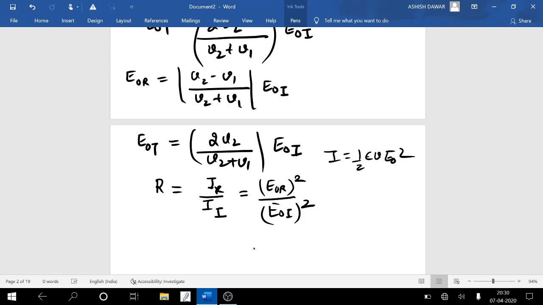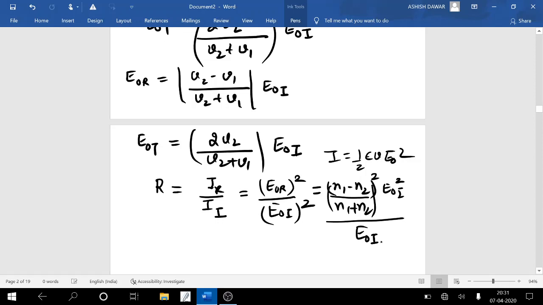So these equations are N1 minus N2 upon N1 plus N2, square, E0I square upon E0I square. So it becomes, R is the reflection coefficient, N1 minus N2 upon N1 plus N2 square.